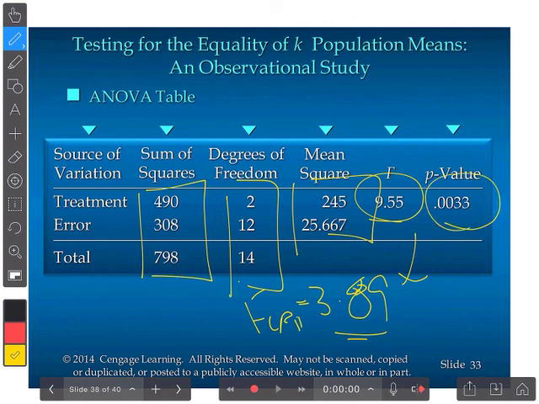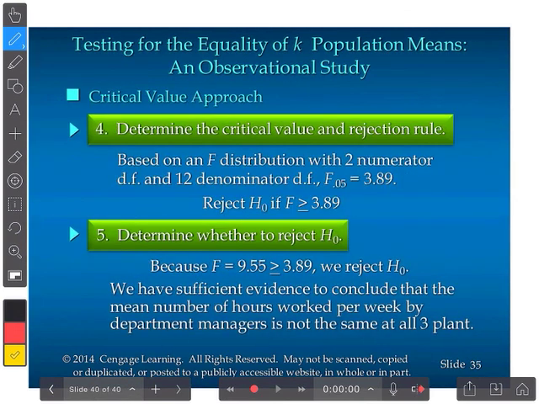It's less than alpha. So therefore, we reject the null hypothesis and conclude we have sufficient evidence that the managers work different. In other words, they don't all work the same average number of hours. Right? So critical value approach, 3.89, and we could see that we're comparing the 3.89 right here.